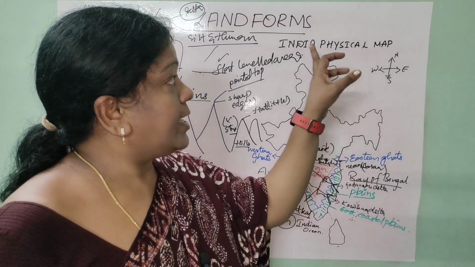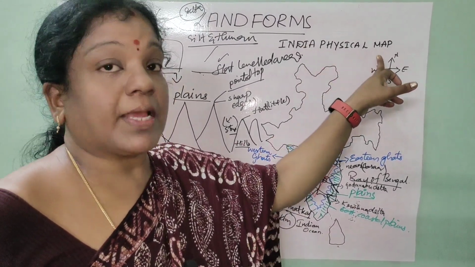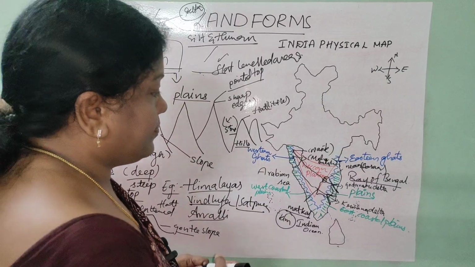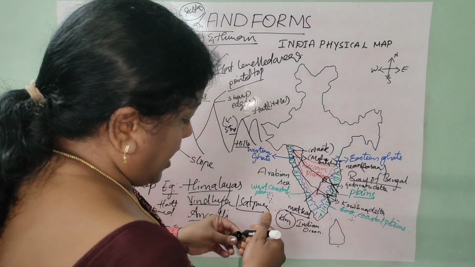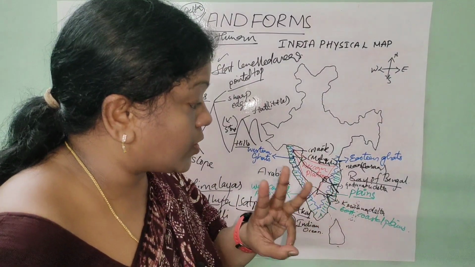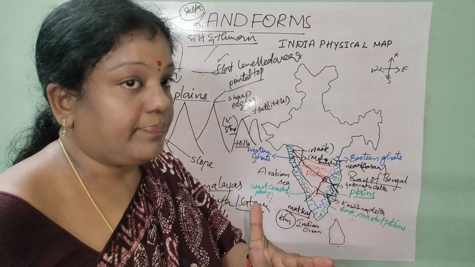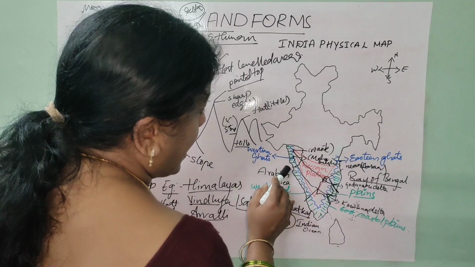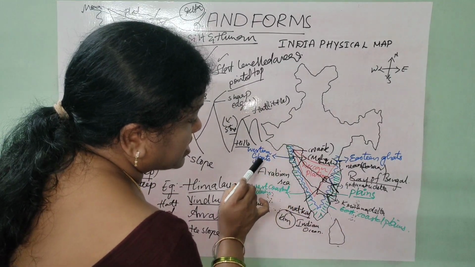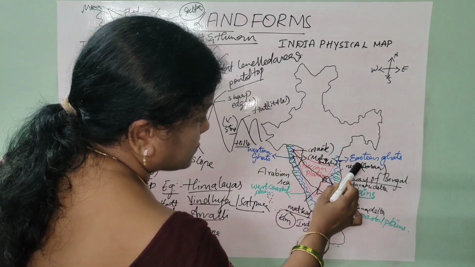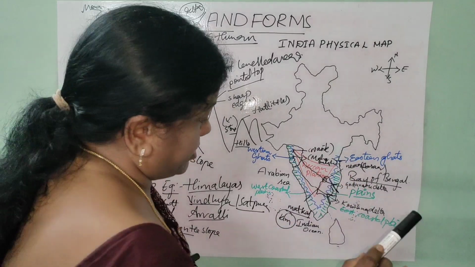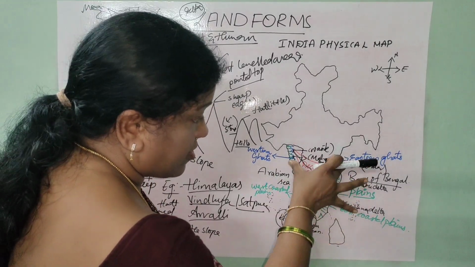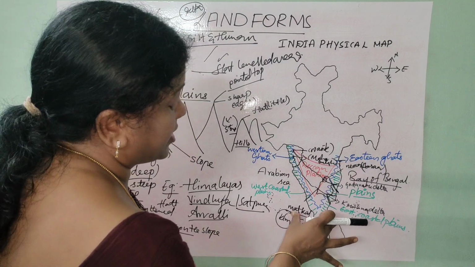Are you observing, children? I tried to show you here the Indian physical map. I used three color concepts so that you can have clarity, because this is the theme about landforms, children. I tried to show Western Ghats and Eastern Ghats, the high elevated regions in both directions of the southern parts of our country, India.